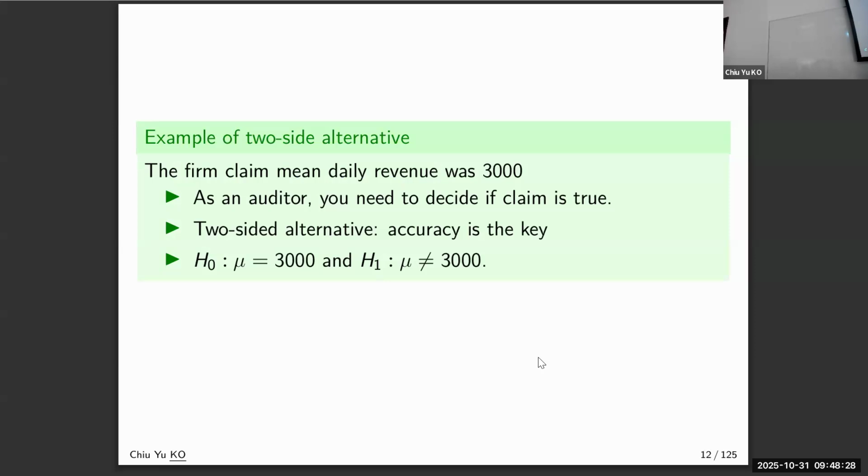You don't want to say something is true when it is not. If the actual number is less than 3,000, you also want to say it, because they may go to the bank and try to get loans based on overstated income. So you got trouble there. So that means you would be careful not to want the actual data different from the stated number. Okay.